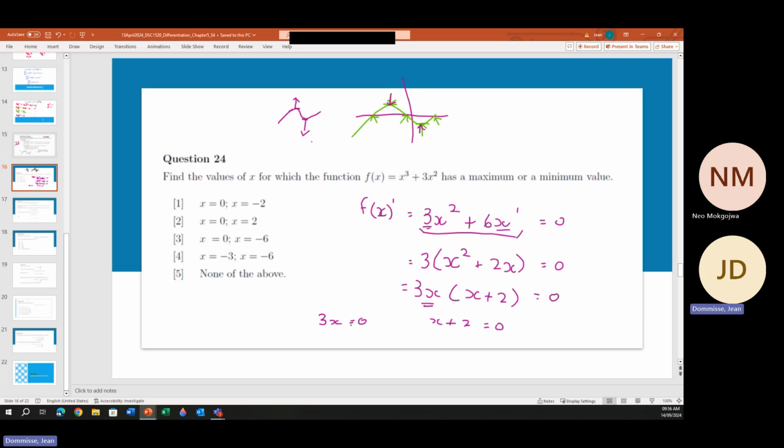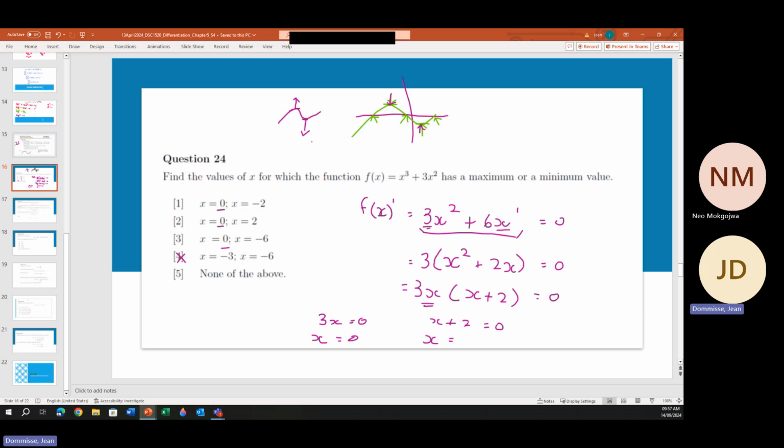So 3x equal to 0, that is x will be equal to 0. So we can already check x equals 0, option 4 is not it. And then x plus 2, so we keep x on the left hand side, and we move the 2 to the right hand side.